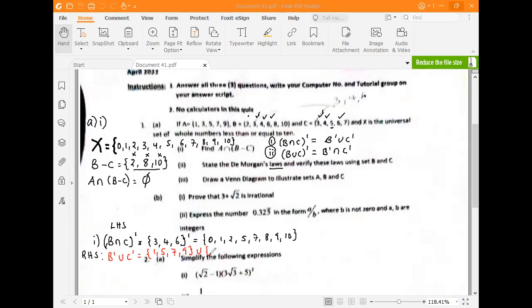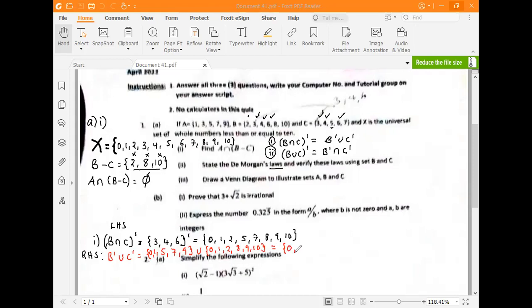In C complement we have 0, 1, 2, 8, 9, 10. So what elements do we have? The union is everything that we're able to see here.